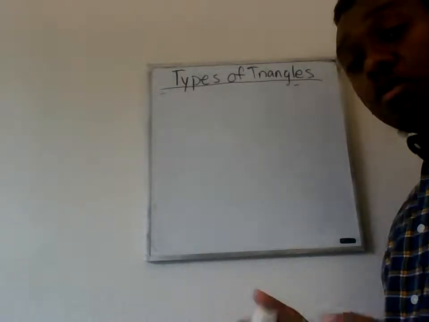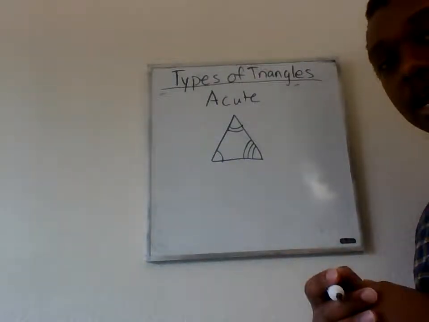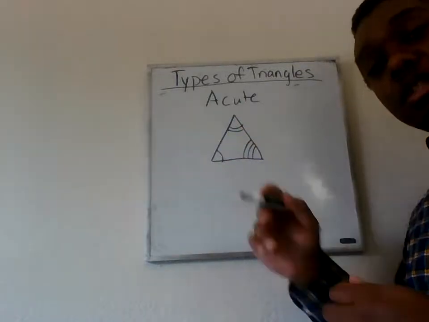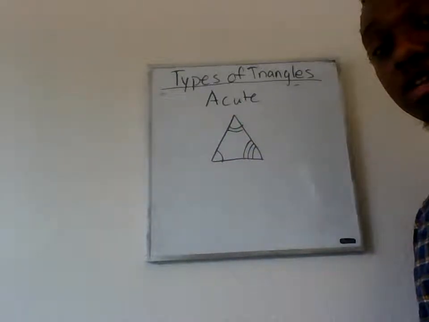Okay, so the first one we'll talk about is acute. So an acute triangle has three angles that are all acute. All three angles are acute.